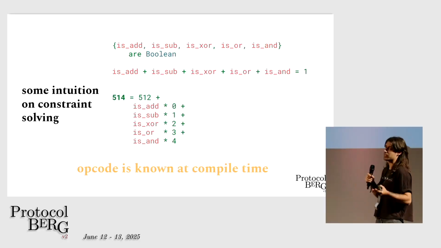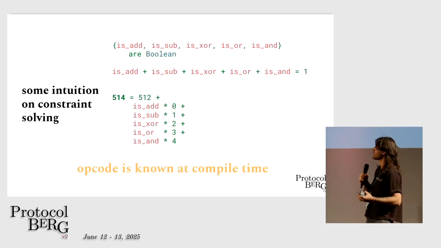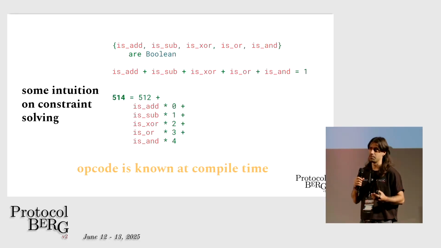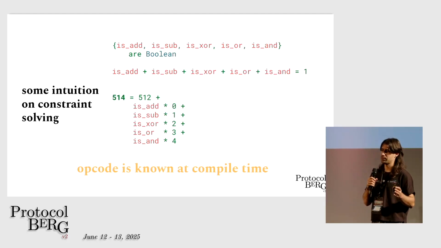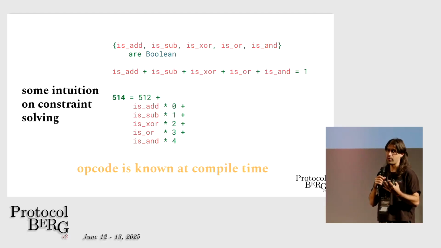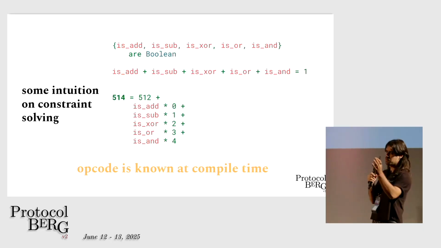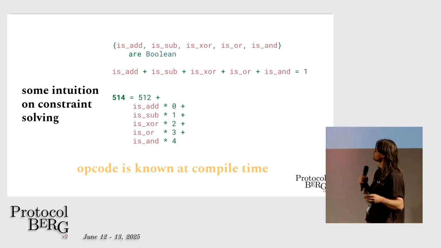So all of them are Boolean, so you know they're 0 or 1, right? And you know that their sum has to be 1, meaning one of them will be 1 always. You don't know which one, but you know only one of them will be 1, and the rest will be 0. When you have only these options, and you apply them to the last constraint, you can take the 512, move it to the other side, and you end up with 2.